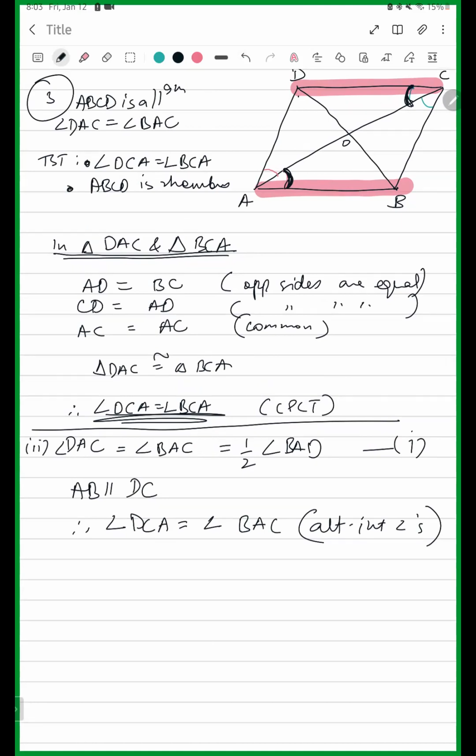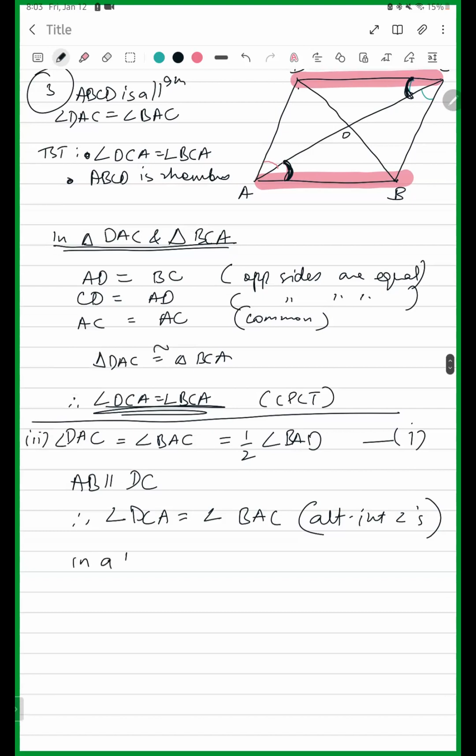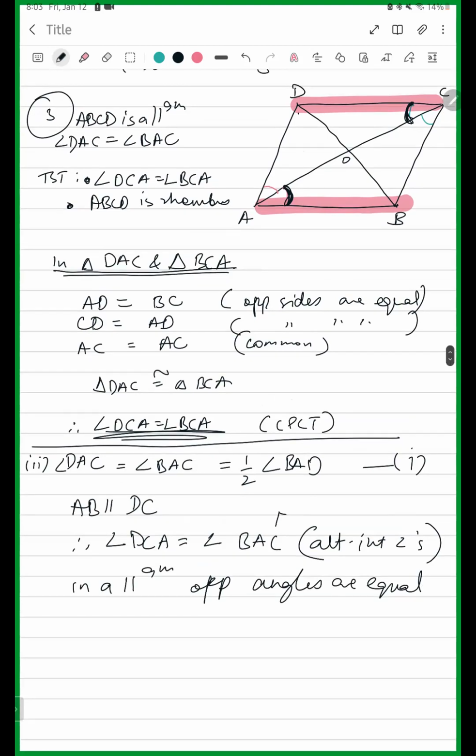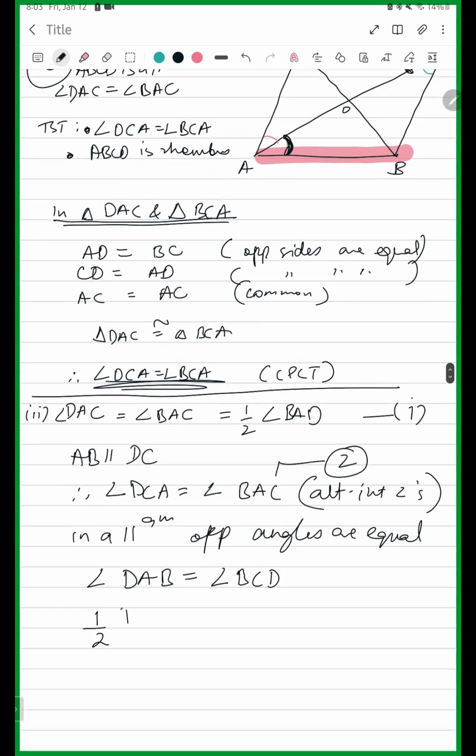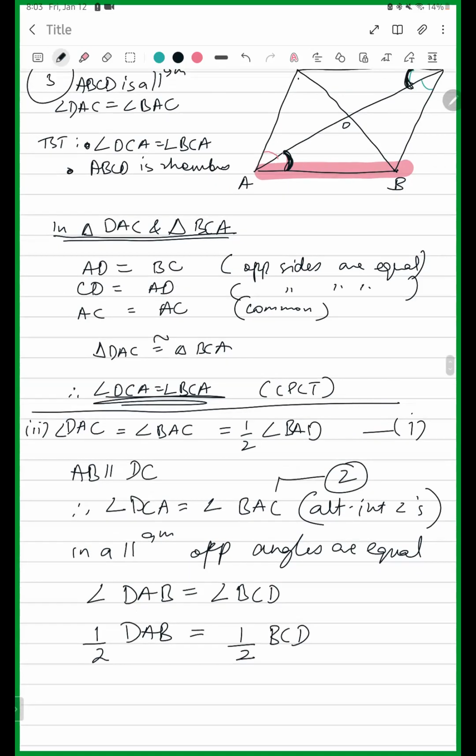Now we know that in a parallelogram, opposite angles are equal, right? So that means this entire angle is equal to this entire angle. So let's write it like that. Angle DAB is equal to angle BCD. So that means half of angle DAB is equal to half of angle BCD. What is half of angle DAB?